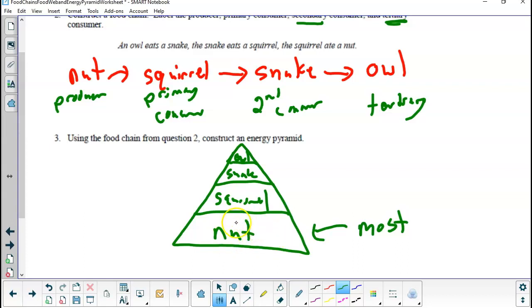There's going to be hundreds of nuts for one squirrel to support them, right? So you always have the most organisms in an ecosystem at the bottom. And if you think about a forest, there's not that many owls in a forest. You know, there might be only 10, but there's thousands of plants in there supporting that one owl at the top. All right, so that's what an energy pyramid looks like.